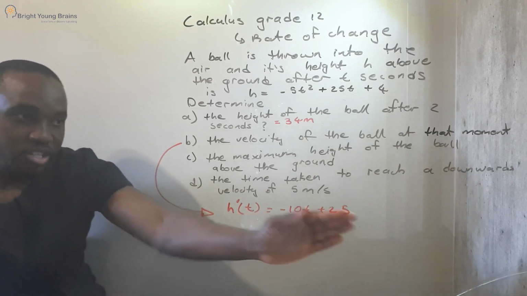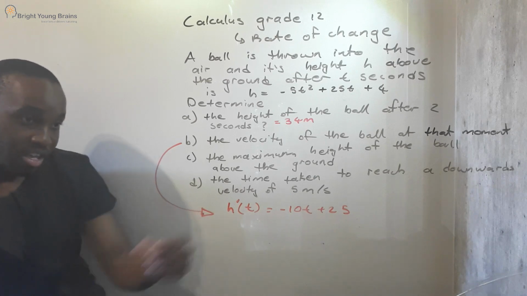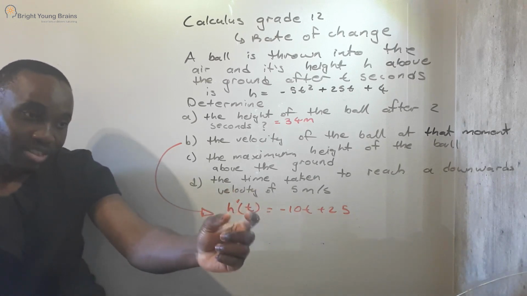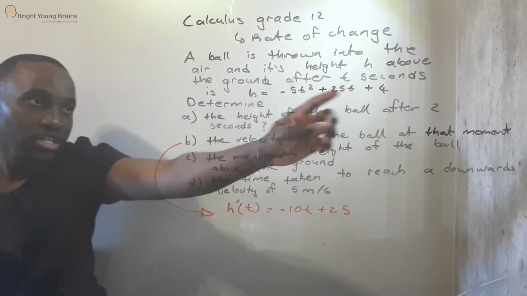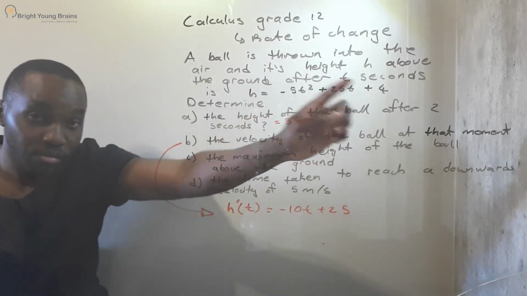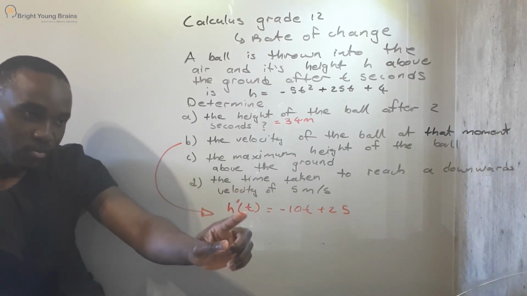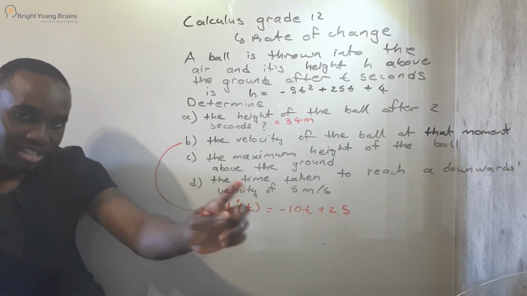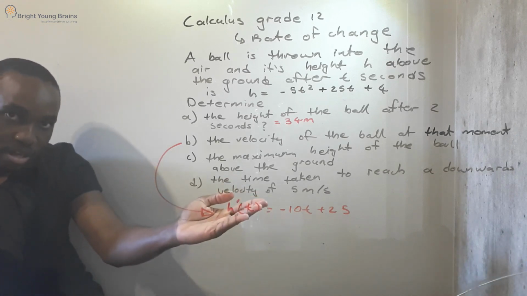Now, once you have differentiated this equation, it is not a height equation anymore. This equation is now giving you the rate at which height is changing. So you see here, this is giving you height. If you differentiate it, it gives the rate at which height is changing. And the rate at which height is changing is basically the rate at which distance is being covered.